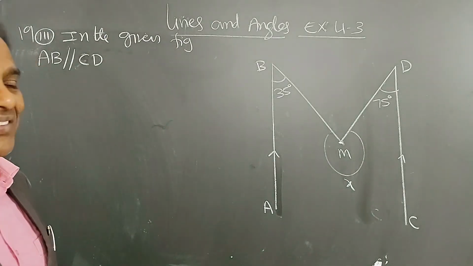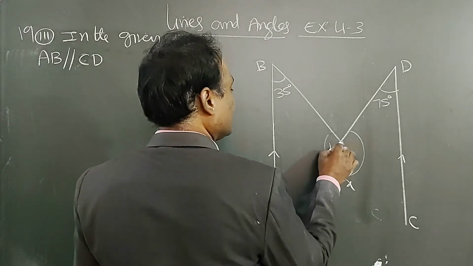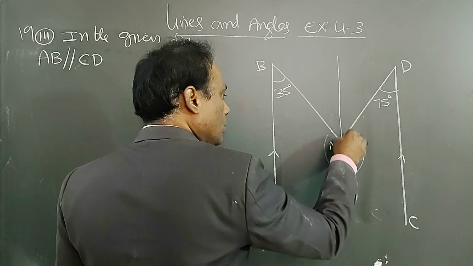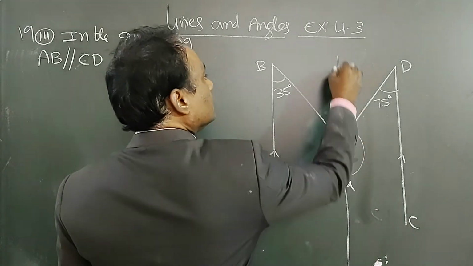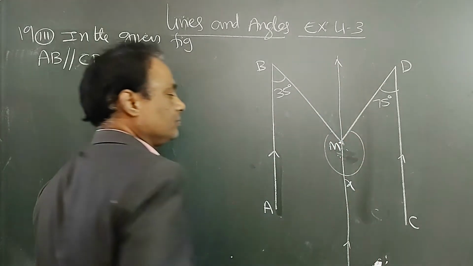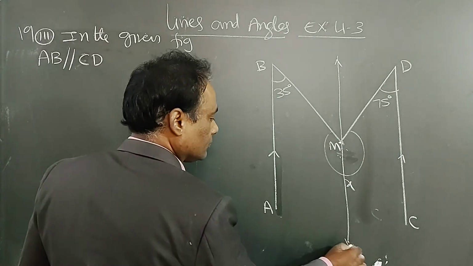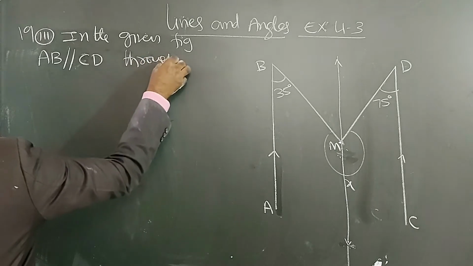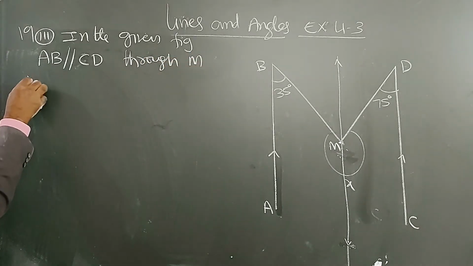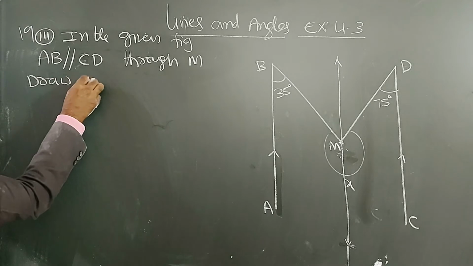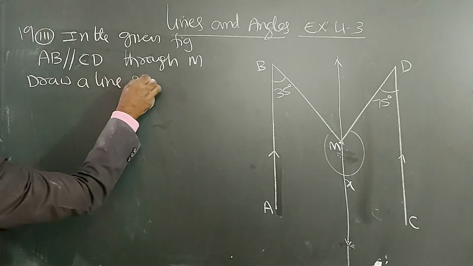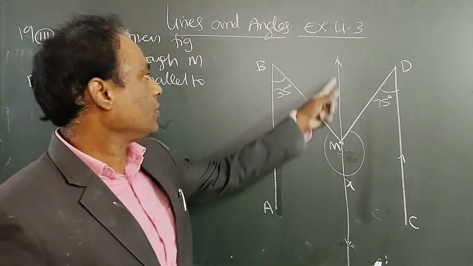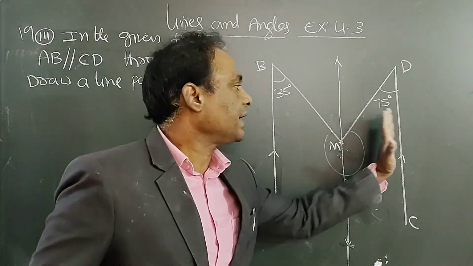Here also I am doing a construction, students. Through M, I will draw a line which is parallel to both the lines. A new line I am drawing. Through M, draw a line parallel to AB and also CD.